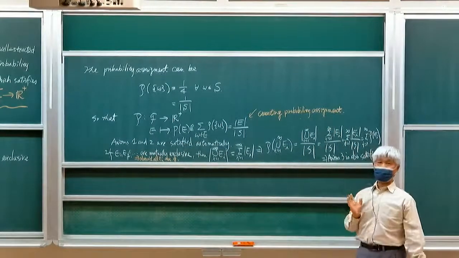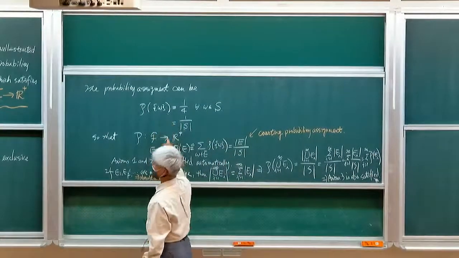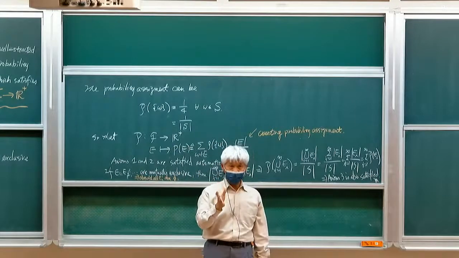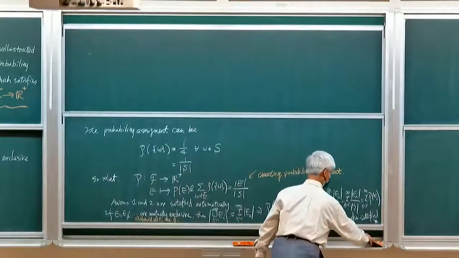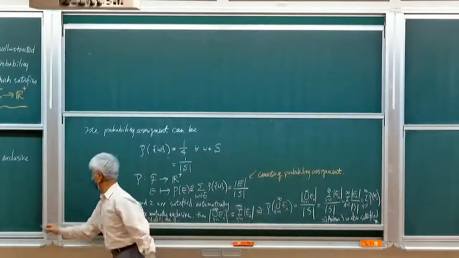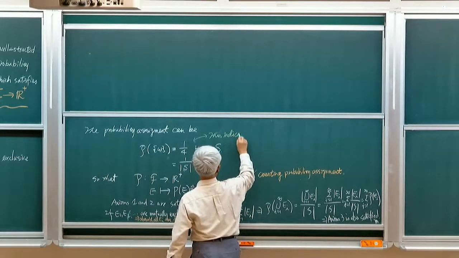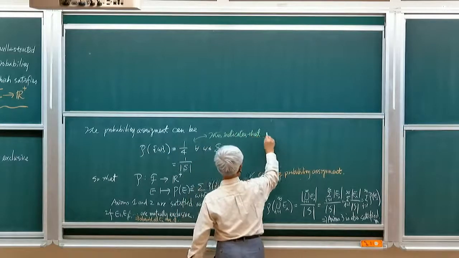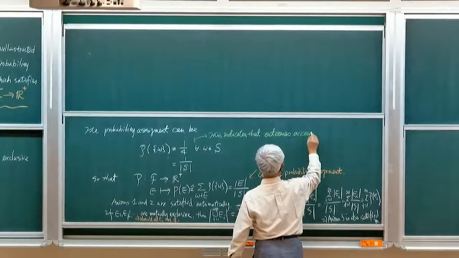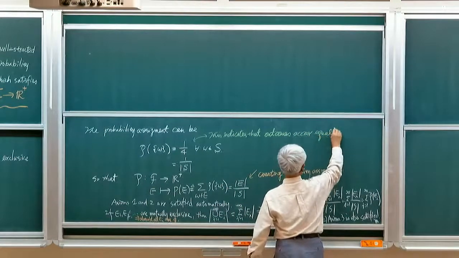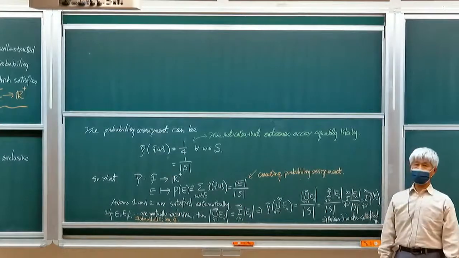So counting probability assignment is based on the idea that every outcome will occur equally likely.